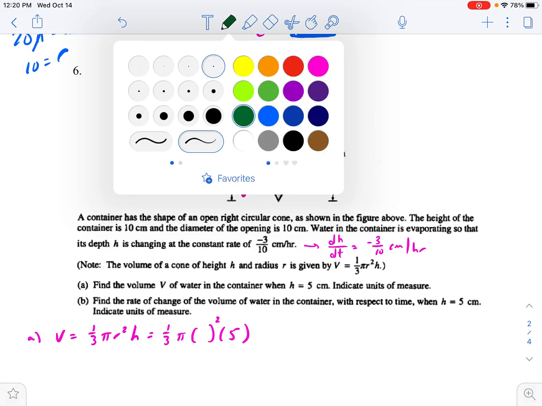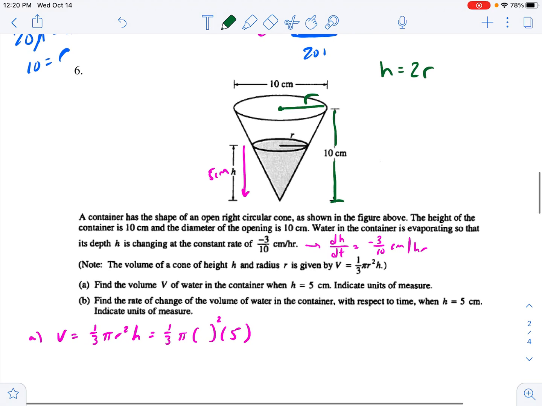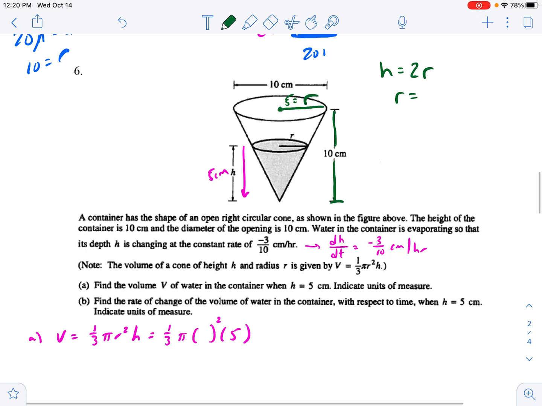Well, this is where you've got to try to remember that in every cone, there's a relationship between the radius of the cone and the height of the cone. And in this particular cone, it looks like the height is going to be twice the radius. If the height is 10, the radius was 5 there, okay? Watch out for that. All right, so it looks like the radius is going to be whatever half the height is.